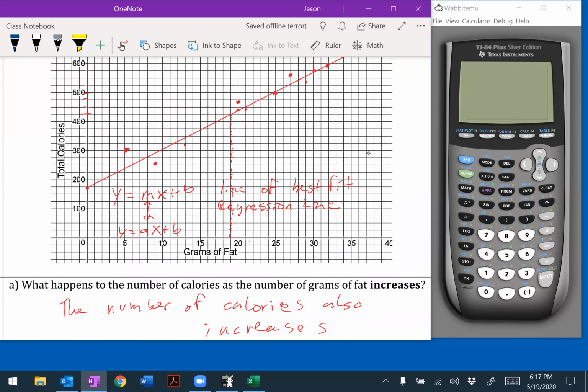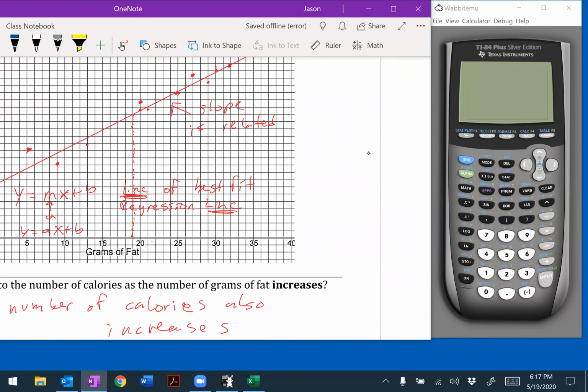A line of best fit, or a regression line, is a linear trend. And the slope of this line is related to something that we're going to call regression or also correlation.